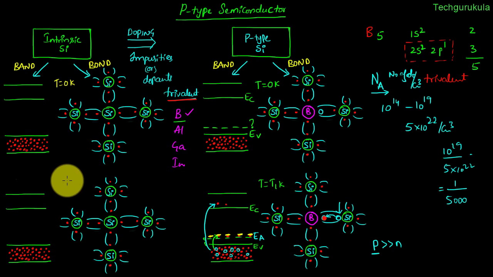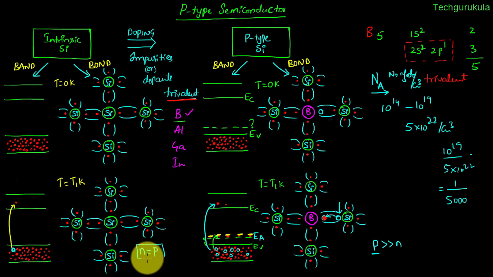Just for comparison's sake, let me take the intrinsic semiconductor at T equals T1 Kelvin. When we increase the temperature in an intrinsic semiconductor, we know some of the electrons would get enough energy to go to the conduction band. So we'll have electrons in the conduction band, which would leave empty states, which we call holes, in the valence band. And the number of electrons in the conduction band would be equal to the number of holes in the valence band for an intrinsic semiconductor.